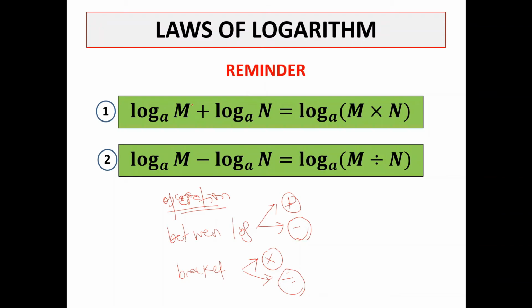Okay, so for the operation between logs, the allowable one is addition or subtraction. Okay, so for the operation inside the bracket, the allowable one is multiplication or division. Other than that is not acceptable.